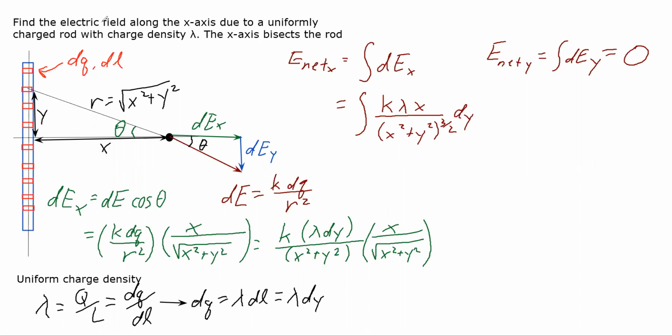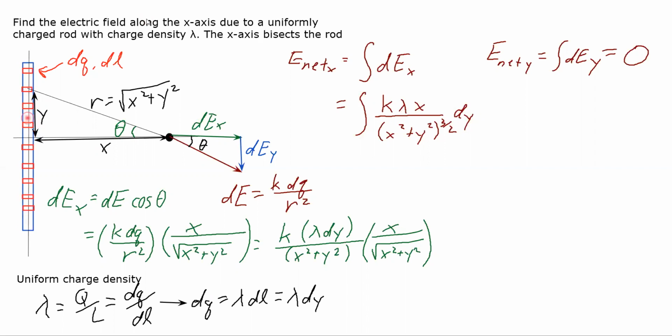Okay, so we got an expression that we can now integrate, right? The only thing that's left before we actually integrate are the limits. What are we gonna put in our limits here? If we're looking at this rod, what's the highest value for y that we're gonna get? Because remember, to get all these electric fields that I drew earlier, we're looking at essentially these different charges here, right?